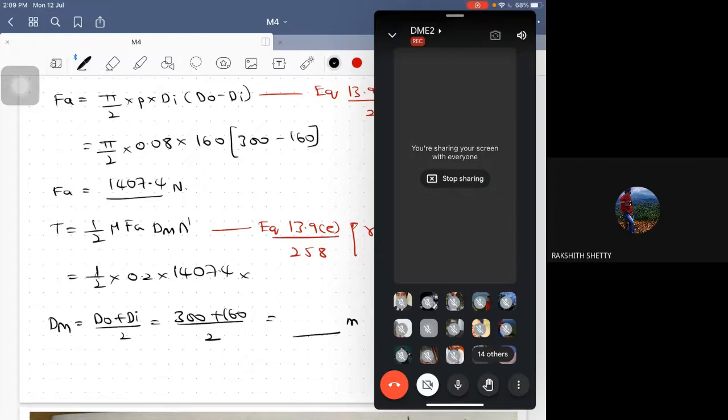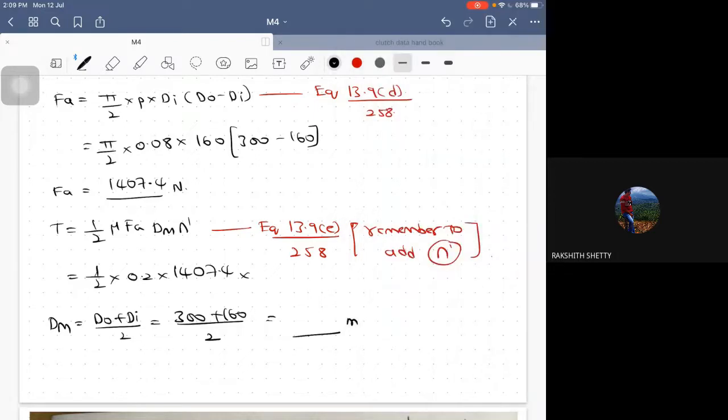So can I have the mean there? Just substitute the mean there to calculate the value of torque.